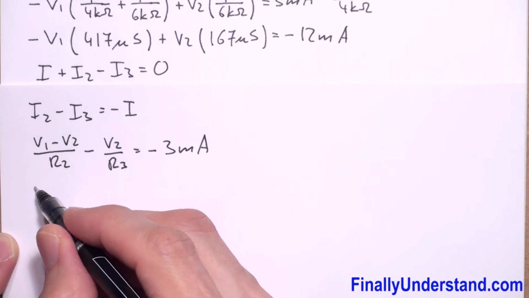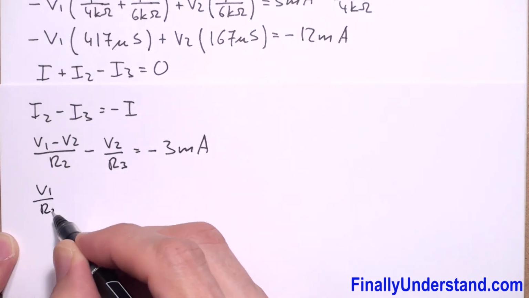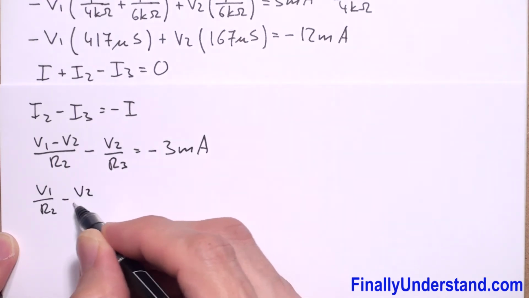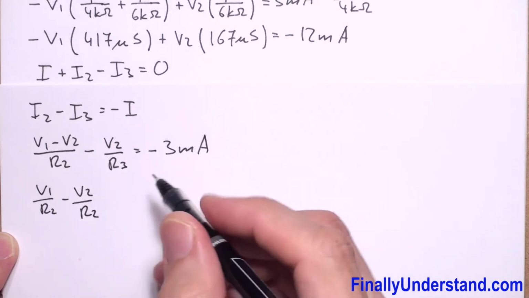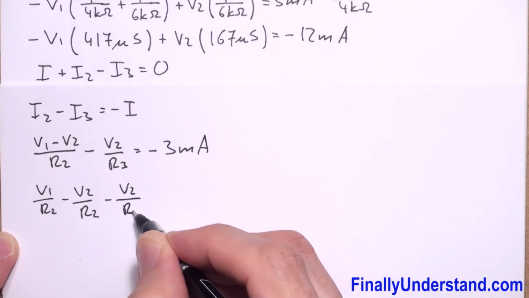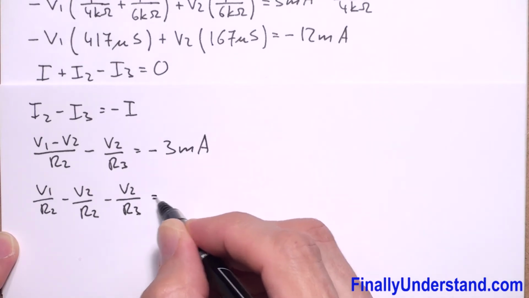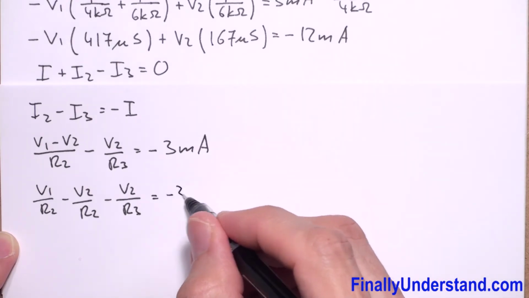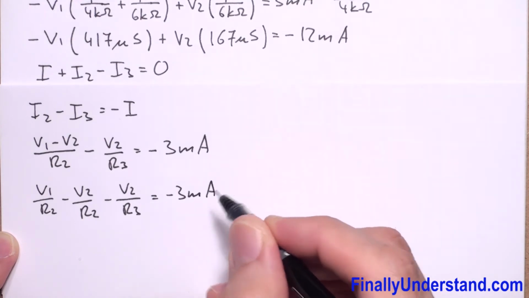So I have V1 over R2 minus V2 over R2 minus V2 over R3 is equal, as I said, to negative 3 milliamps.